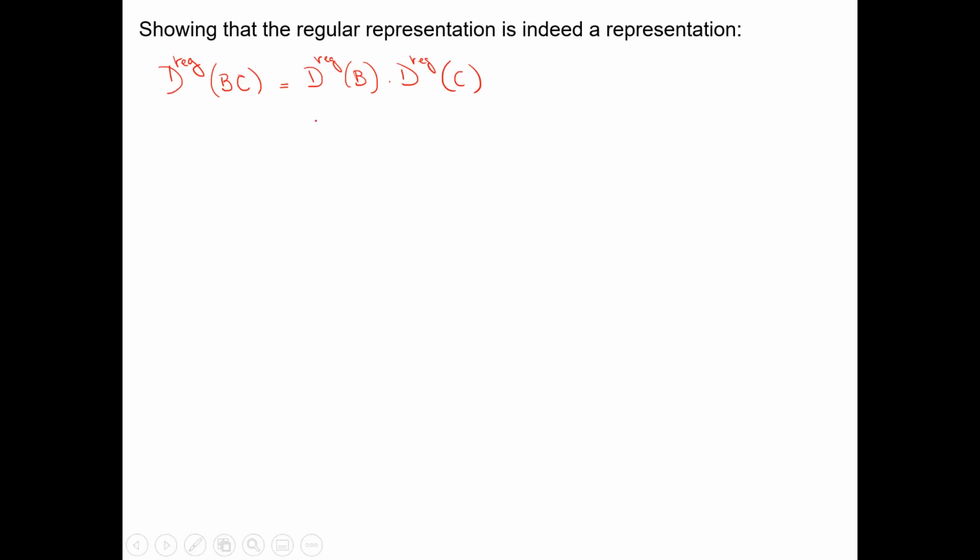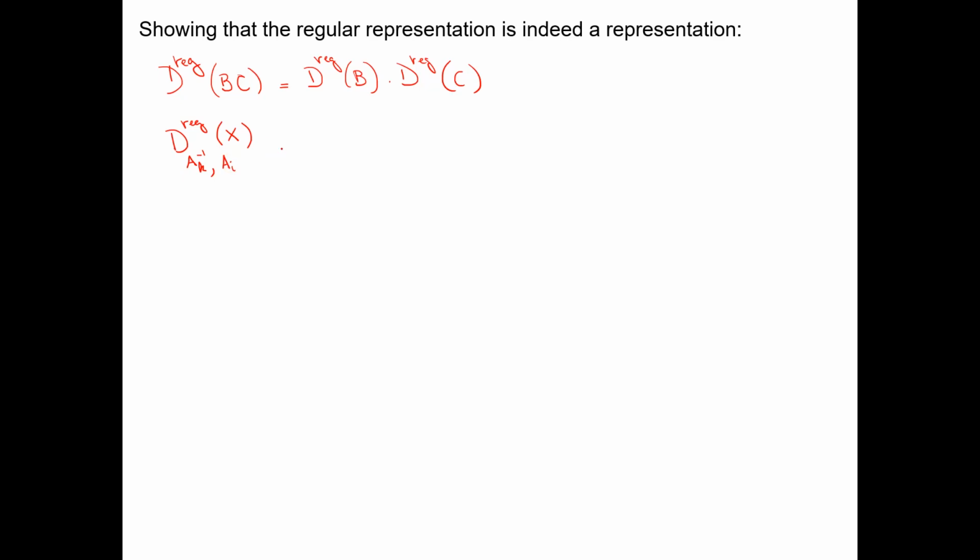Okay. To show this, first let me write the matrix elements of the regular representation in general. I can write the matrix elements of a regular representation corresponding to any given group element X. I will index this in the following convenient way. The row is always the inverse of some group element, and the column is another group element, AI. Okay.